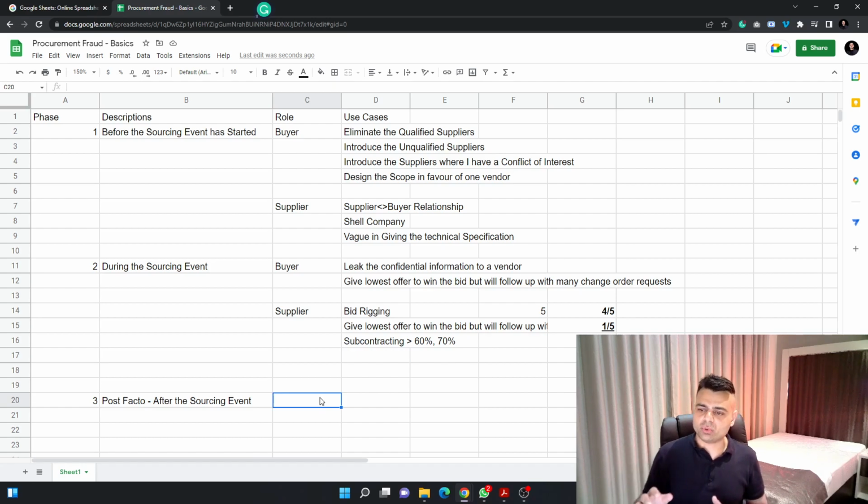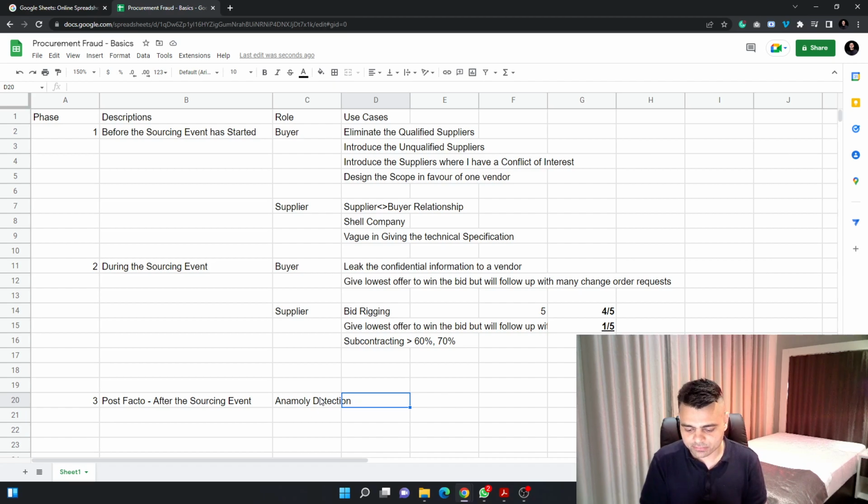Now let me jump towards the post facto, which is after the sourcing event. Here what we call is anomaly detection. What do I mean by anomaly? It is a behavior which stands out from the average or normal behavior.